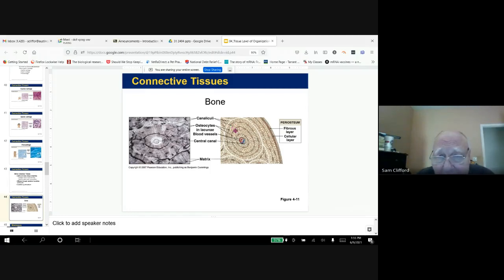The little canals connecting the osteocytes, which are these little cells, allow the osteocytes to exchange materials, to get oxygen and food from the blood vessels and to get rid of waste. So the canaliculi are little canals that connect the osteocytes. The osteocytes form these circular layers called lamellae, and this entire structure is a Haversian system.